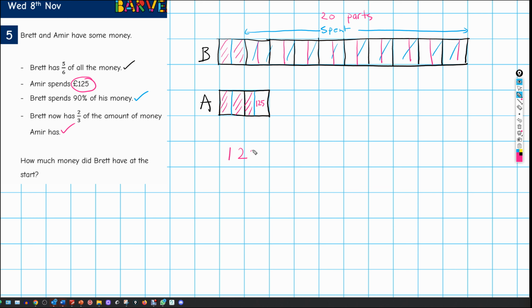So 125 times 20 gives us 2,500. So how much money did Brett have at the start? Because this whole thing is what he had at the beginning. So our answer, £2,500. Hope that helps.